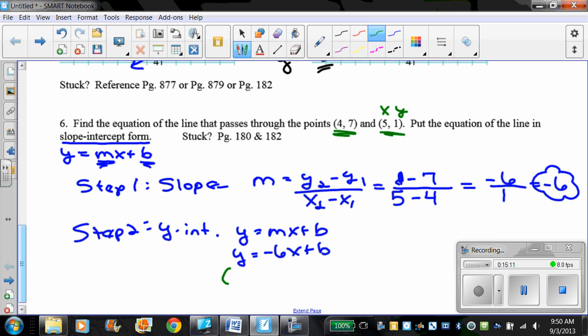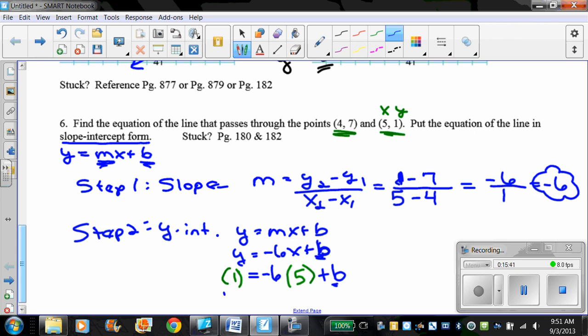So y here is going to be 1, and my x is 5. And we are trying to find the b. I know my b's look like 6's, but this is what we're trying to find right here.